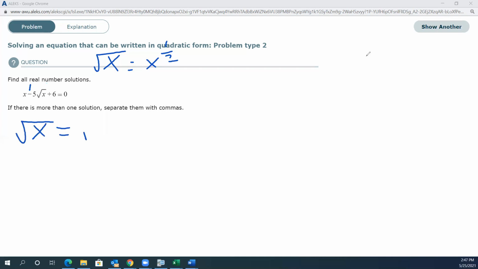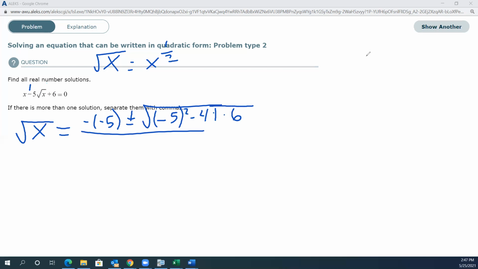Then I get -b plus or minus the square root of b squared minus 4, and then a is 1, and c is 6, over 2a. And that would be the setup.